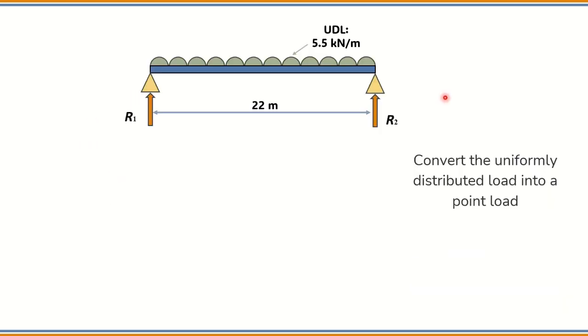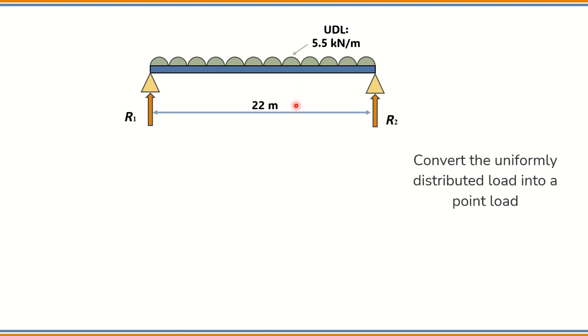Whenever we have a uniformly distributed load, we need to convert it into a point load. This uniformly distributed load is 5.5 kilonewtons per meter. This means that on every meter of the beam, there is a load of 5.5 kilonewtons.